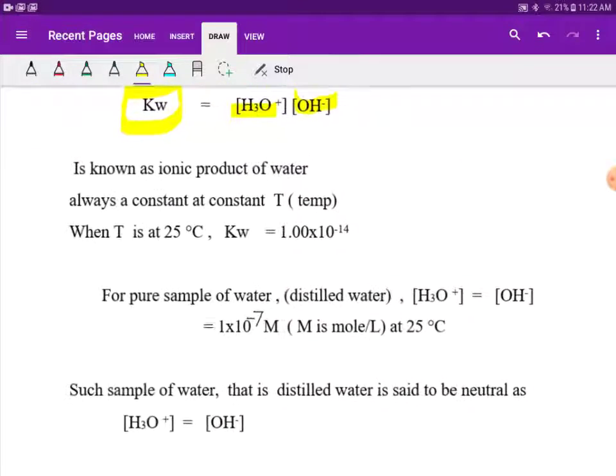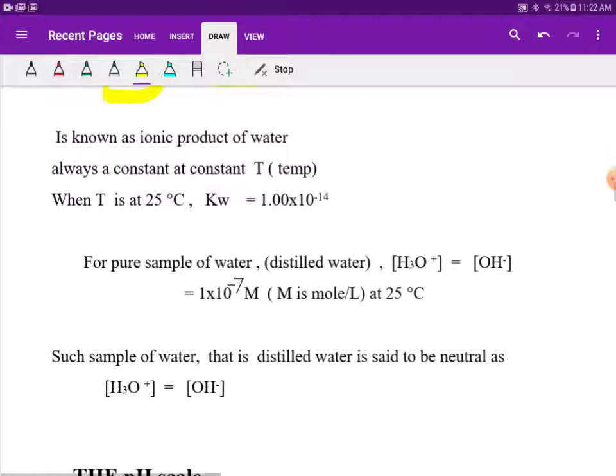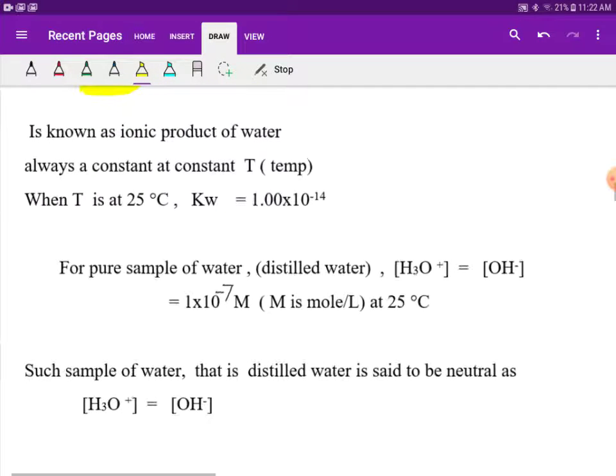It is always a constant for water as well as for any aqueous system at a constant temperature.